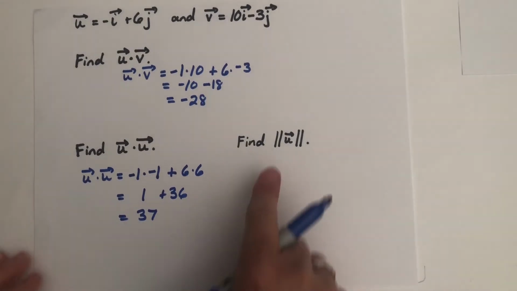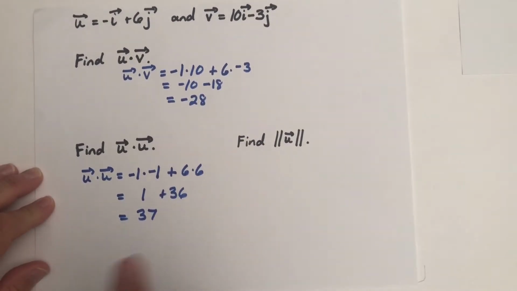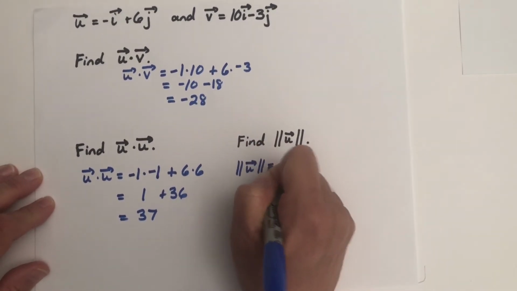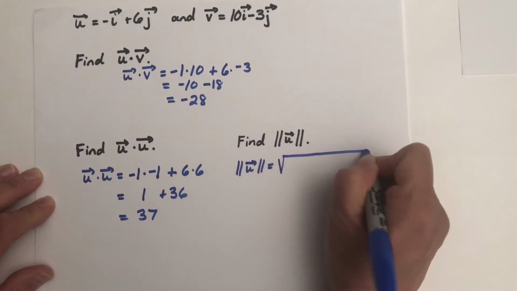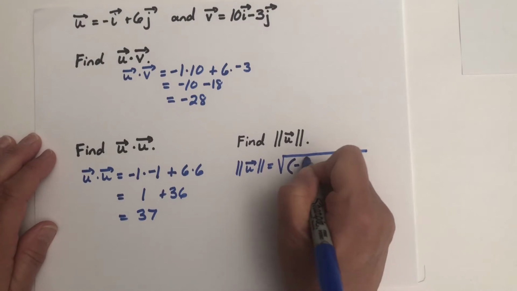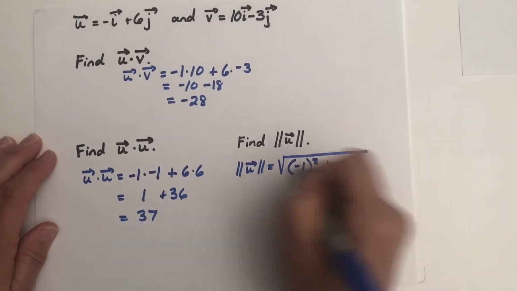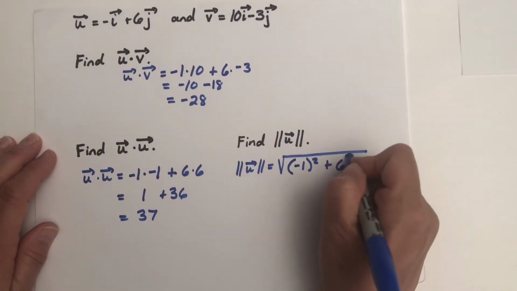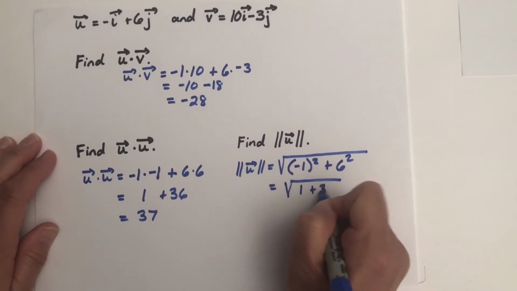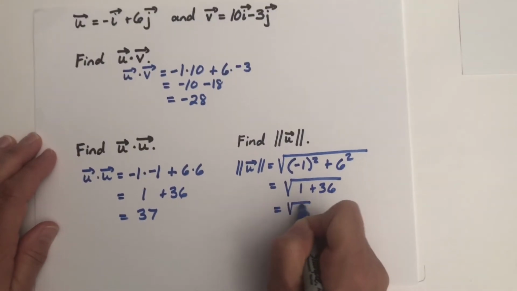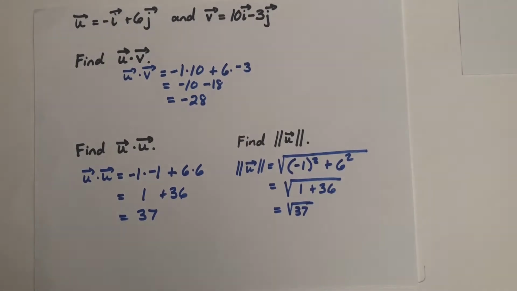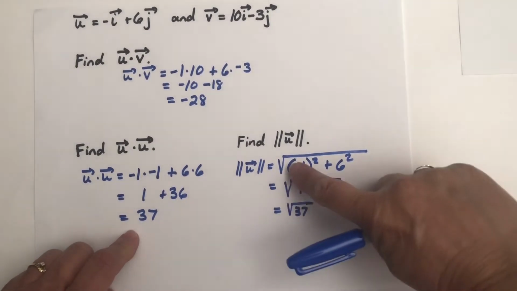And now let's look at this problem right here. The magnitude of u. The magnitude of u is equal to, remember, the square root of the x component squared, -1 squared, plus 6 squared, which is the square root of 1 plus 36, which is equal to the square root of 37. And compare these. Look at the radicand here.